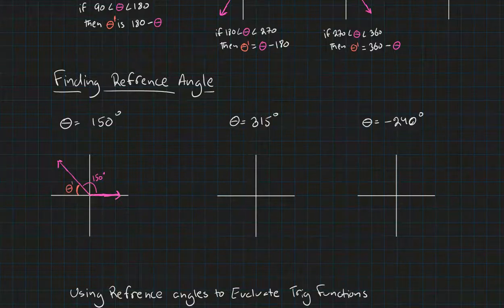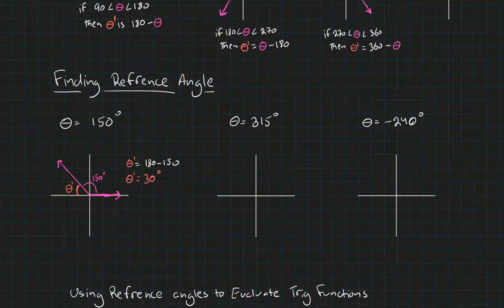To find this, all I have to do is take 180 and subtract 150, and I have my answer: this is 30 degrees. So the reference angle to 150 is 30 degrees.